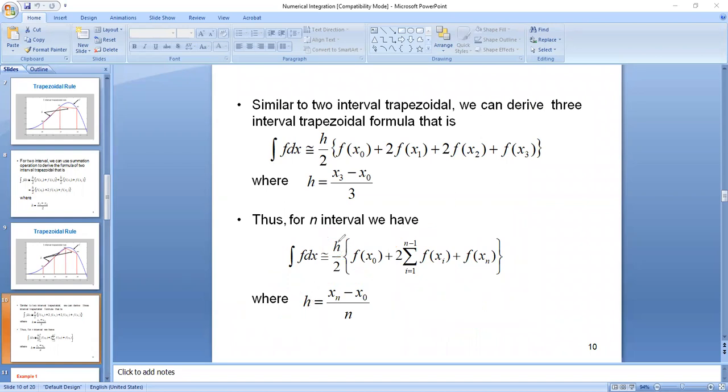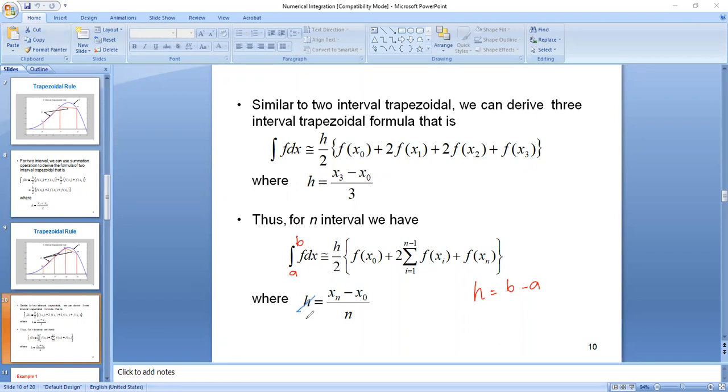In the formula that you are seeing here, the h alone, if your limit is from a to b, would be b minus a, and then you just divide it by n. That's your h. The h that you see here is actually the increment. I'll cross it and change it to a different representation.